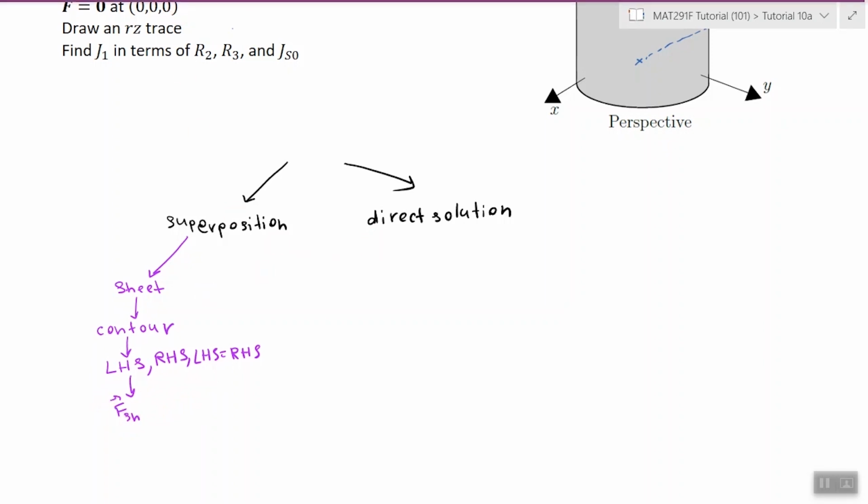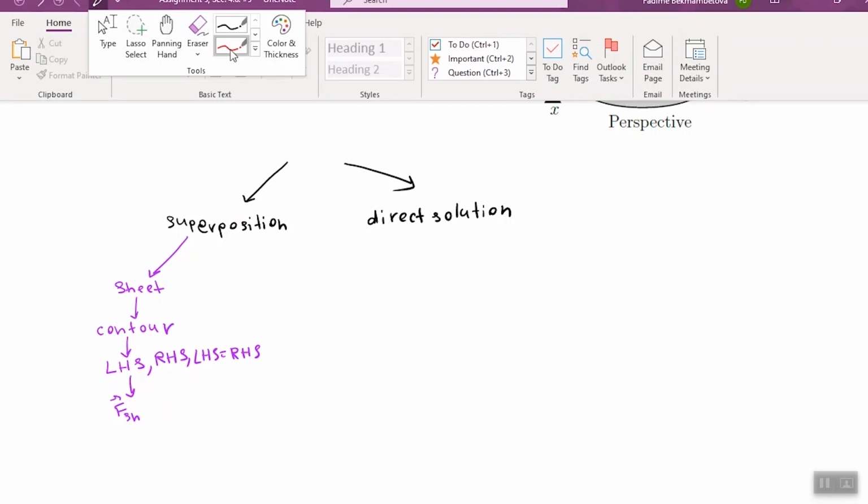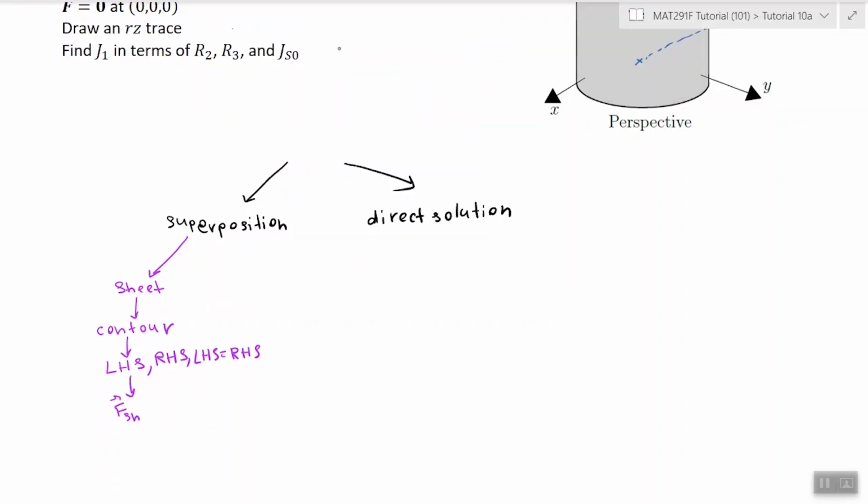Then the next thing you'll do is you will do the exact same thing for the annulus. So you would set up another contour. You would simplify the left-hand side, the right-hand side of the Stokes theorem, and you would equate the two.